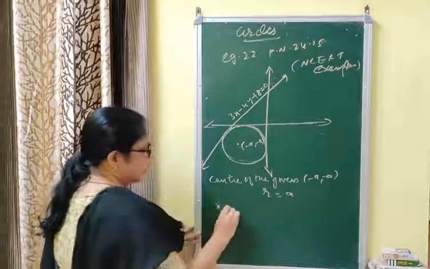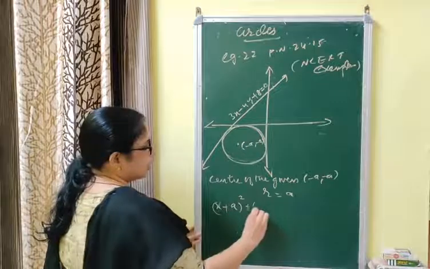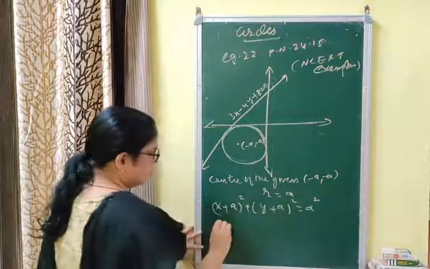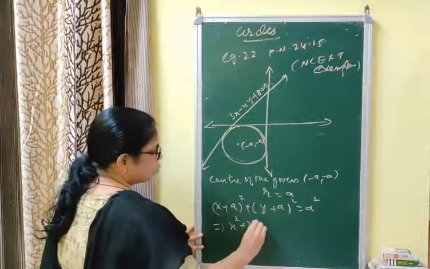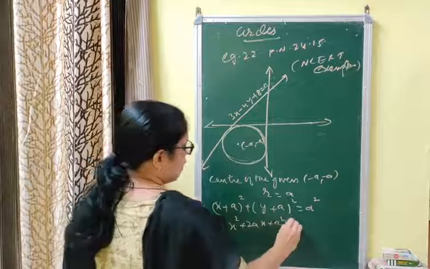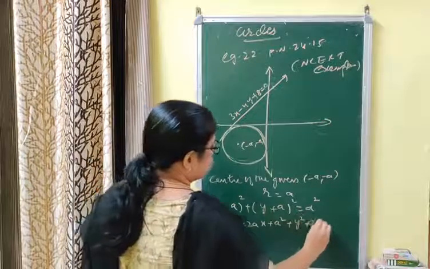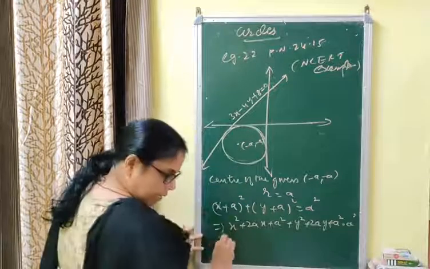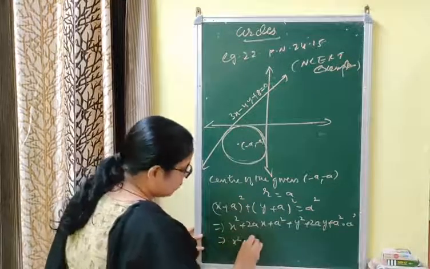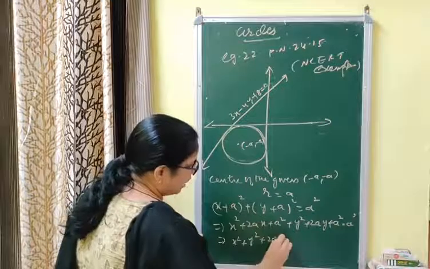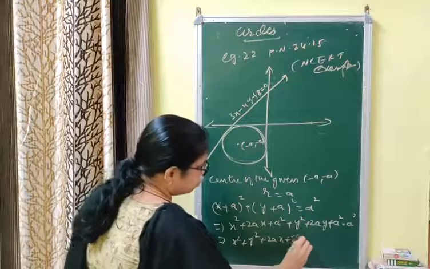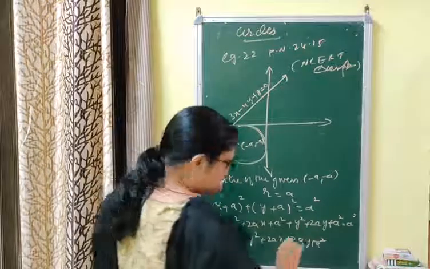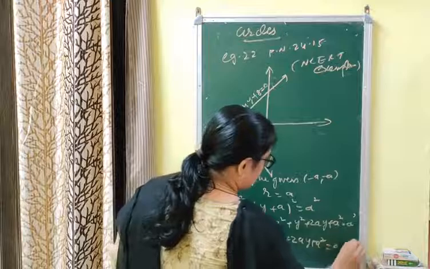Then the equation becomes x plus a whole square plus y plus a whole square is equal to r square, that is a square, that is x square plus 2ax plus a square plus y square plus 2ay plus a square is equal to a square. Both a squares get cancelled. We get x square plus y square plus 2ax plus 2ay plus a square is equal to 0. This is equation number 1.